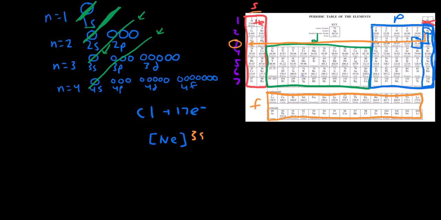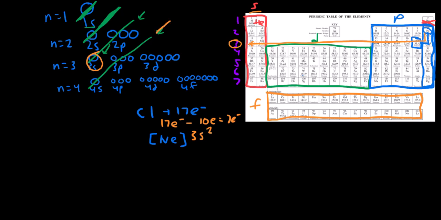So we're going to write S2. Oh, and we need to find how many electrons we need to put. So 17 minus the 10 electrons of neon, which is 7 electrons. So we have the 3s2.